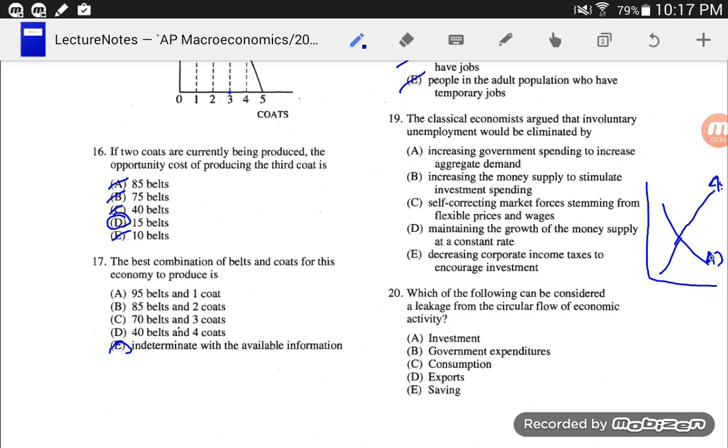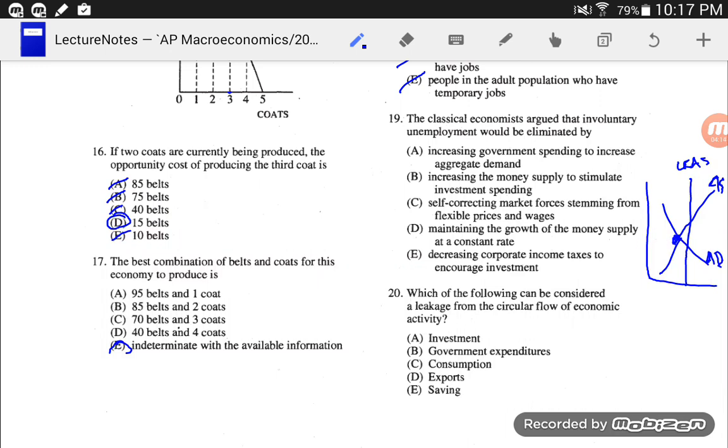Sorry, I'm kind of out of space there, so you can't read my labels. Aggregate demand. If we're involuntary, it probably means we're in a recession. So here's my long run aggregate supply, means we're at this point here.